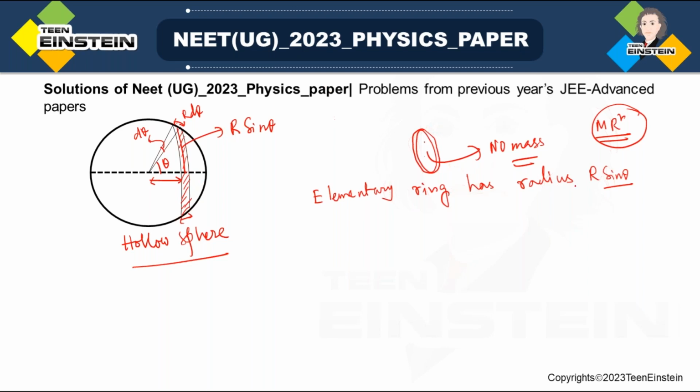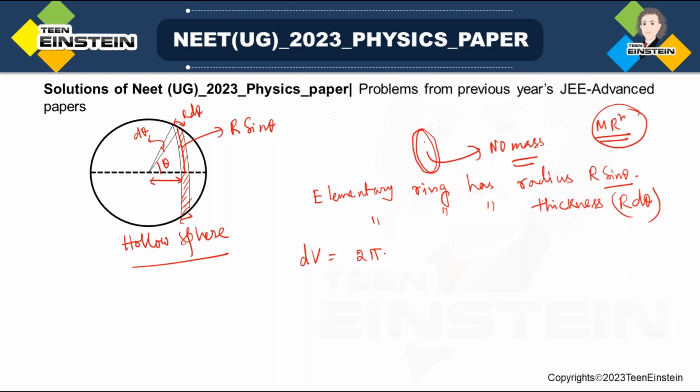So the elementary ring has radius r sine theta, and it is actually not exactly like a thin ring. It has some thickness, r d theta. It is a thick ring.